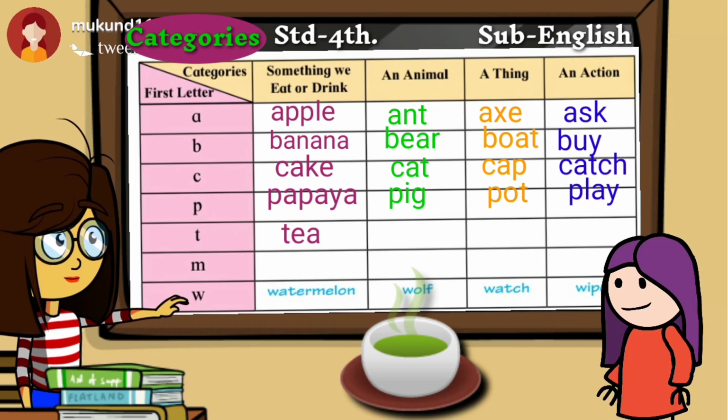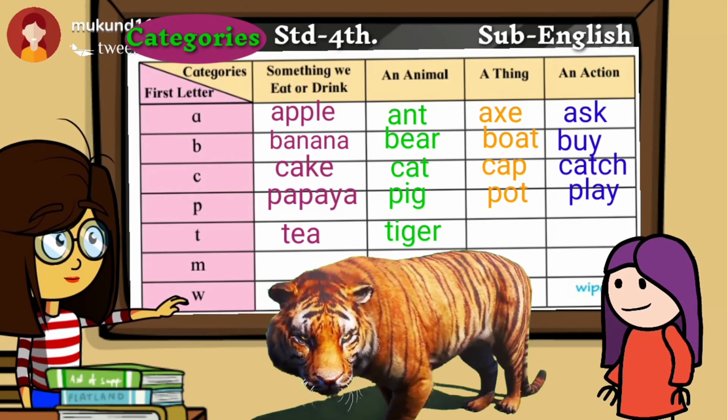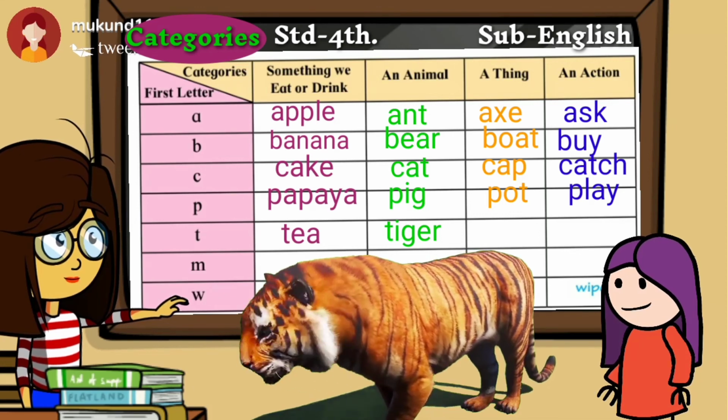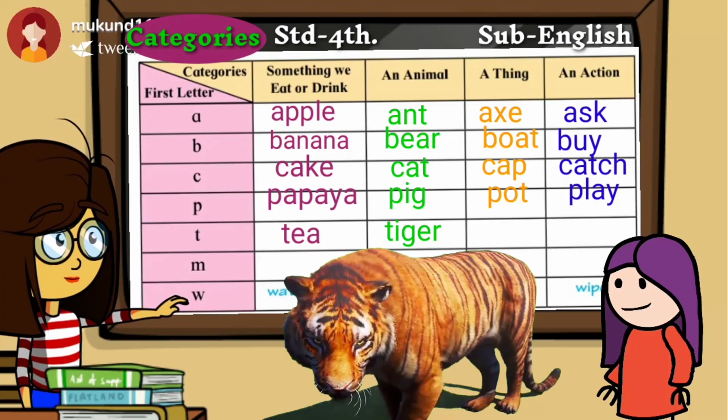T-E-A. Tea is a word which begins with T. Very good, Nita. Now you tell me an animal. An animal which begins with T. Oh, tiger. T-I-G-E-R. Tiger is a word which begins with T.